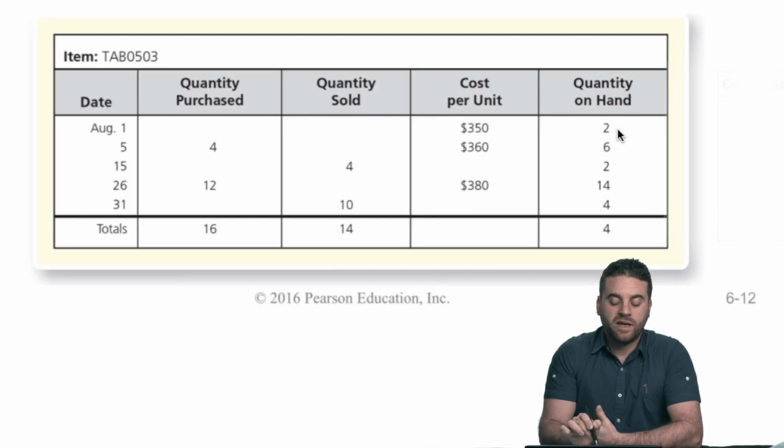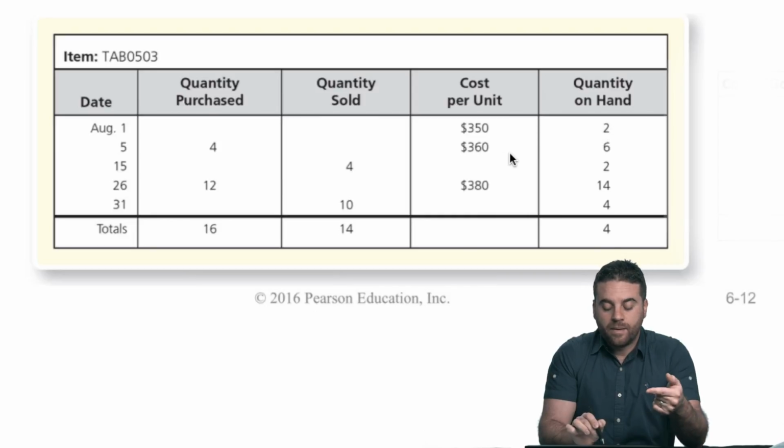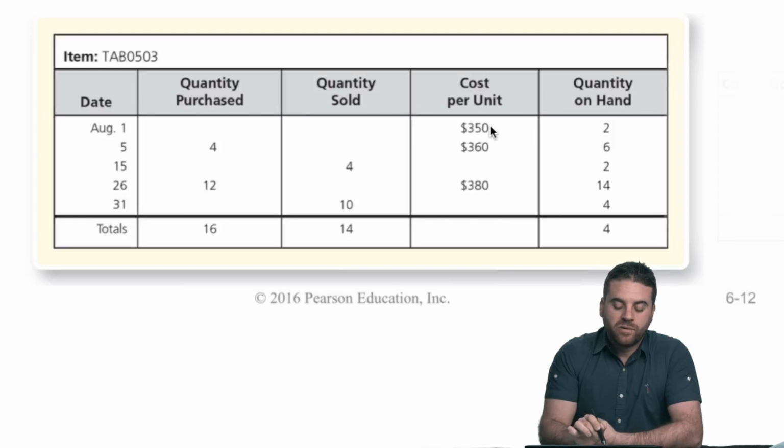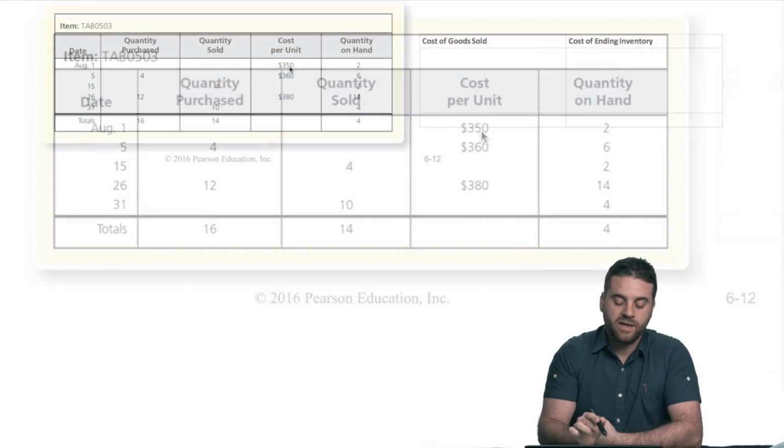So we're going to take those 2 units that we had on August 1st. But 2 units is not enough. I still need 2 more units to make them 4. So we will look at the next one, which is the purchase that we had on August 5th. We purchased 4 units, and the cost for each one of those was $360.